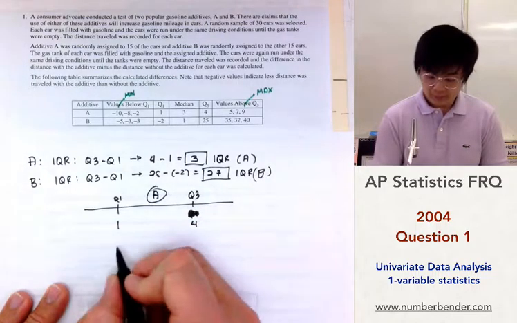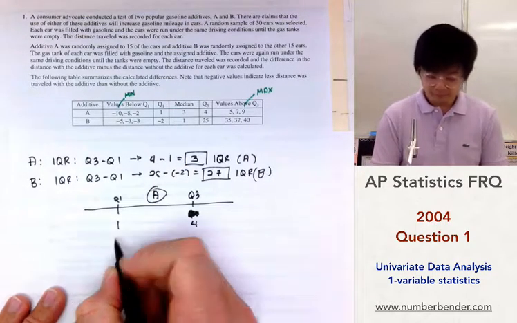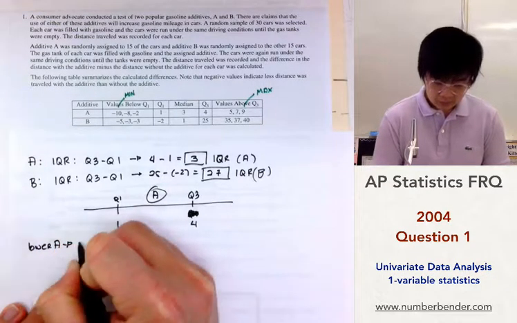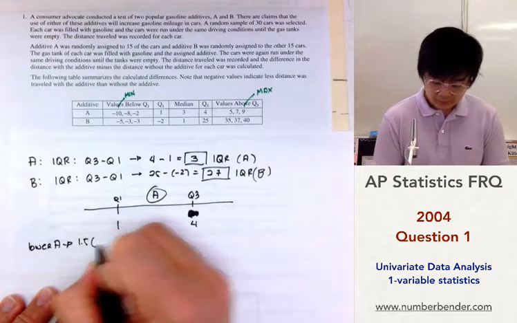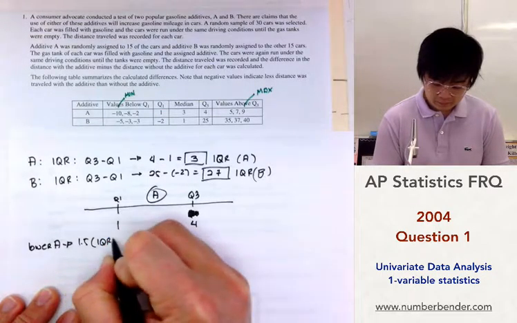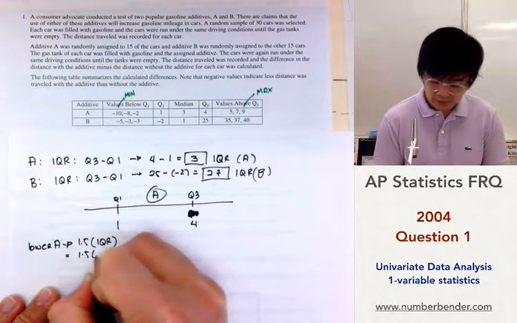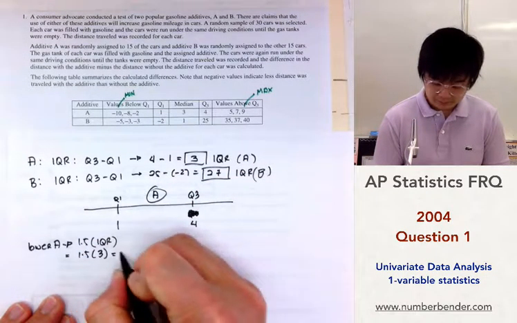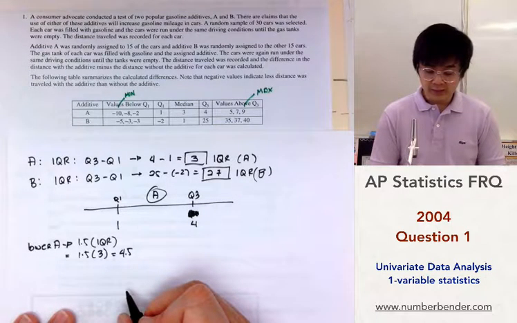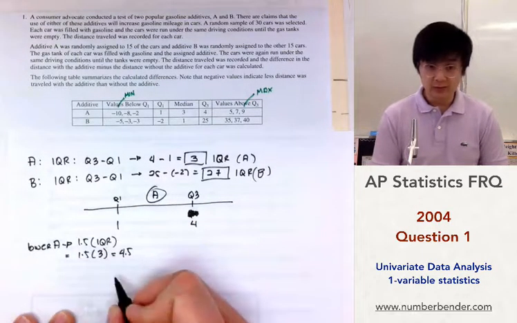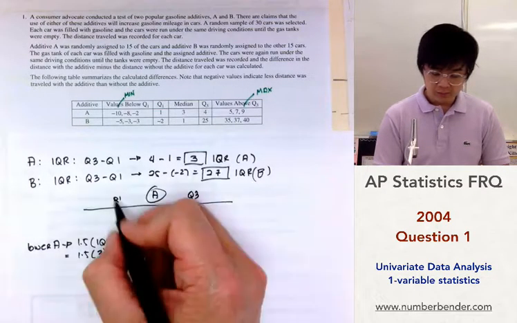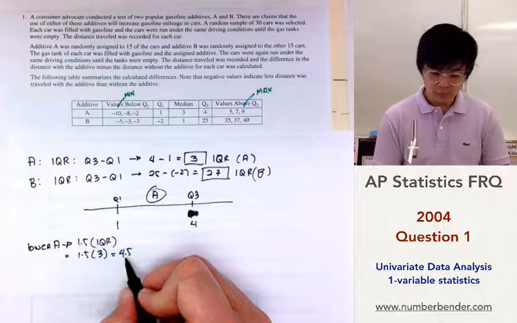For the lower limit, we have 1.5 times IQR, and 1.5 times the IQR of 3 is equal to 4.5. To check for outliers to the left of the tail, all we need to do is subtract 4.5 from Q1.